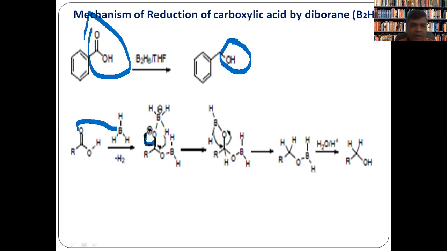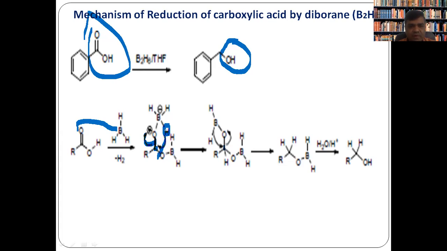But what about the carbon? Carbon will have the positive charge, meaning deficiency. So the hydride ion from the boron is transferred here, and the CH bond is formed. You can clearly see here how the CH bond is formed.